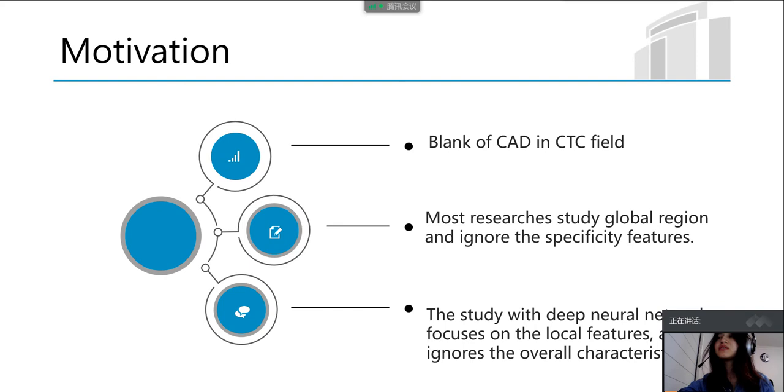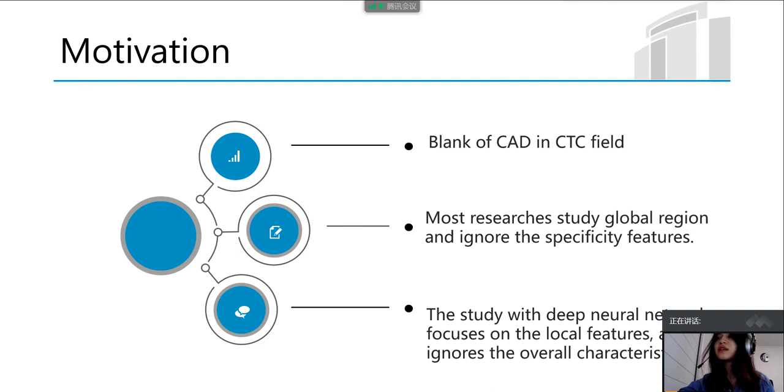By reviewing the studies, we found that there are some gaps in the research of CTC image polyp recognition CAD systems, especially in the part of CTC polyp classification. Most of the existing research focuses on traditional machine learning methods, whose features usually come from a relatively global region, and the specificity of its features has not been studied for specific diseases.